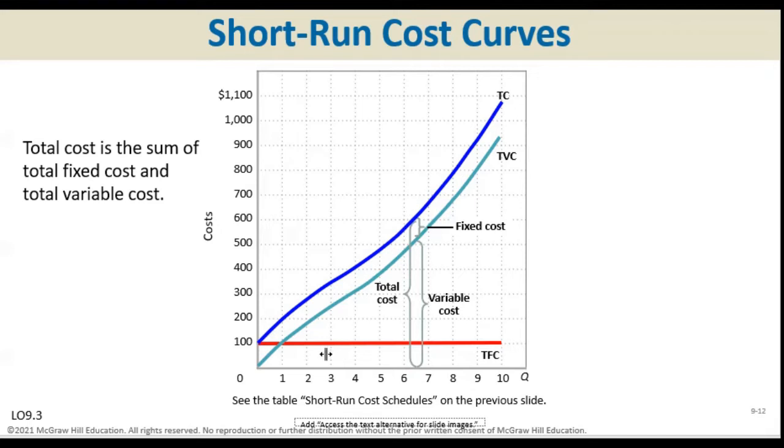And you see that the two curves over here, the total cost and the total variable cost, are similar and parallel, with the difference between them because the total cost is greater than the total variable cost by the fixed cost, which is a constant number.